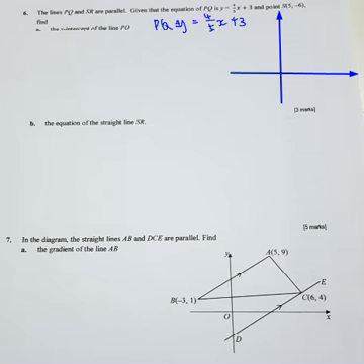Why did the teacher redraw the line? Mainly because y equal to 4 over 5x plus 3. This is the y-intercept, so it should pass through 3 here.